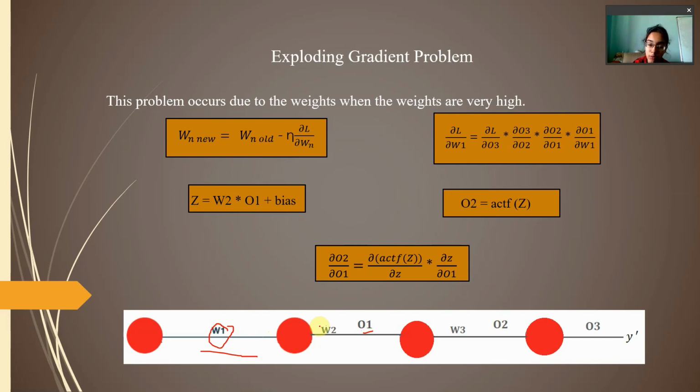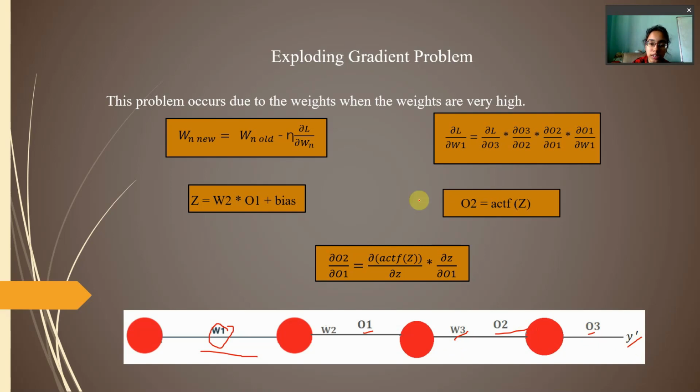So a weight W2 is assigned to this output O1. Then the next hidden layer performs the required pre-processing and gives an output O2, which acts as input to the output layer, for which the weight W3 is initialized. Then finally the output O3 is generated, which forms the predicted output, that is Y dash.